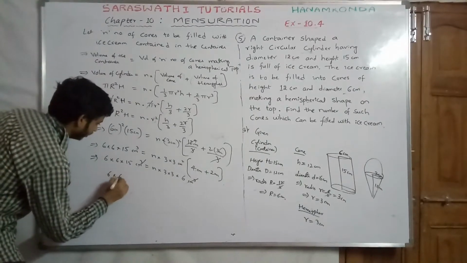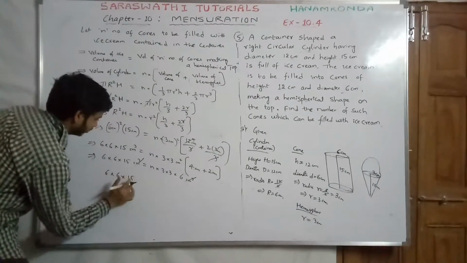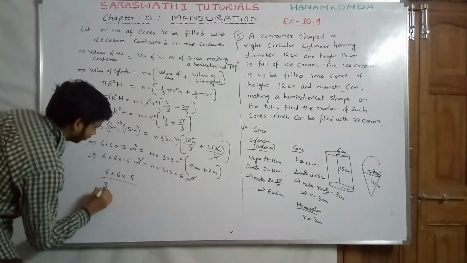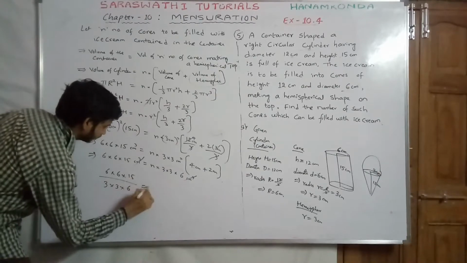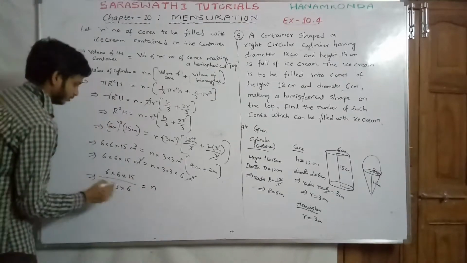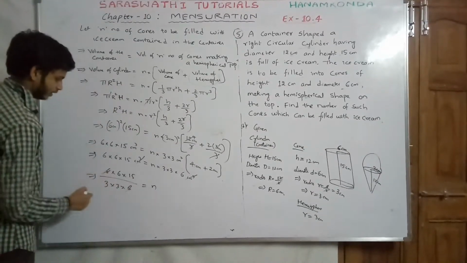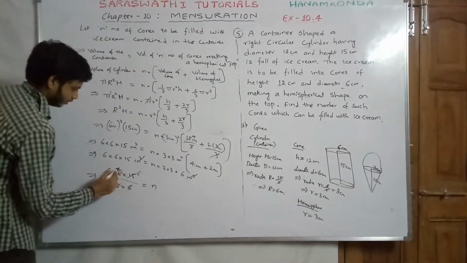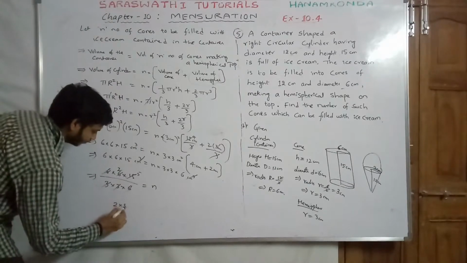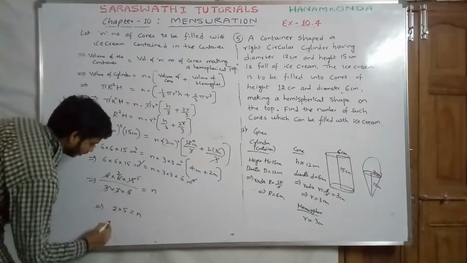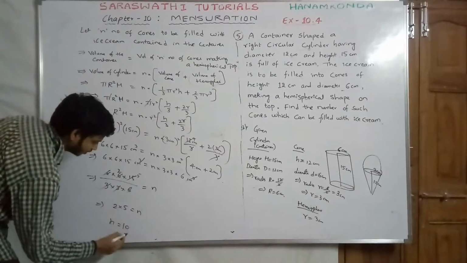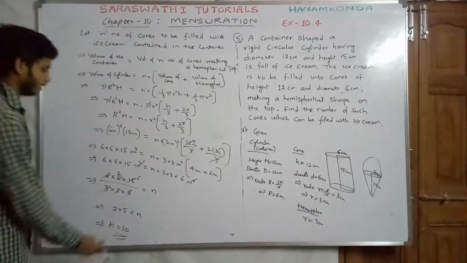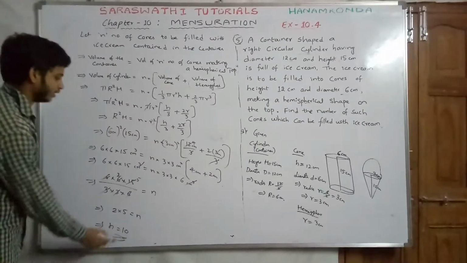So write the left side term first: 6 into 15 divided by 3 into 6 equals n. The 6 will get cancelled. 3 fives are 15, so 3 ones are 3, 3 fives are 15, next 3 twos are 6, so 2 into 5, therefore n equals 2 into 5, which is 10. So therefore n, the total number of cones to be filled with the ice cream contained in the container, is 10.